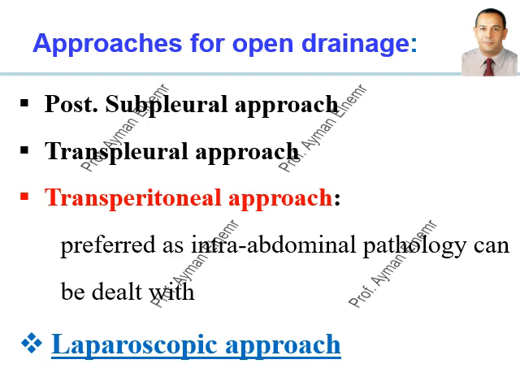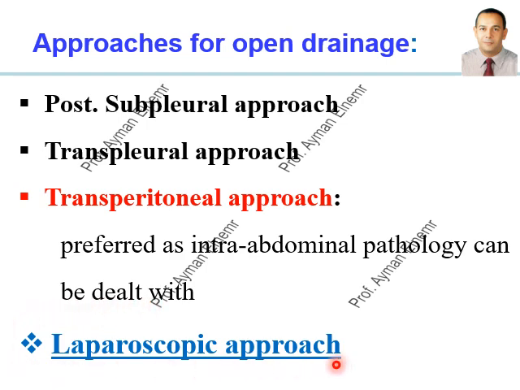Open surgical drainage can be done by many approaches, like the posterior subpleural approach, transpleural approach, or transperitoneal approach. The transperitoneal approach is preferred as intra-abdominal pathology can be dealt with.